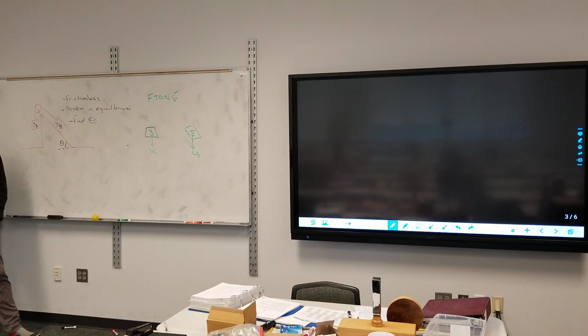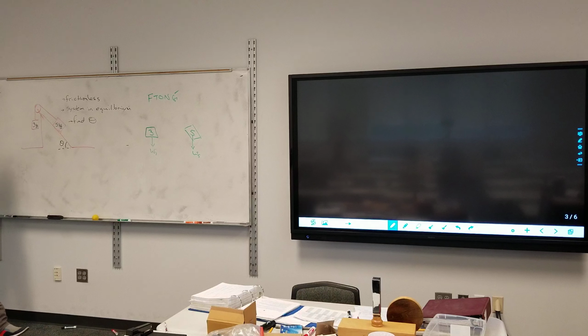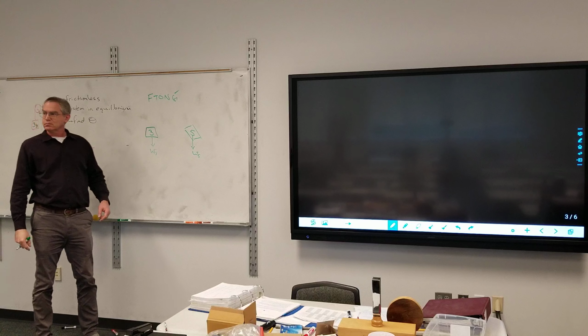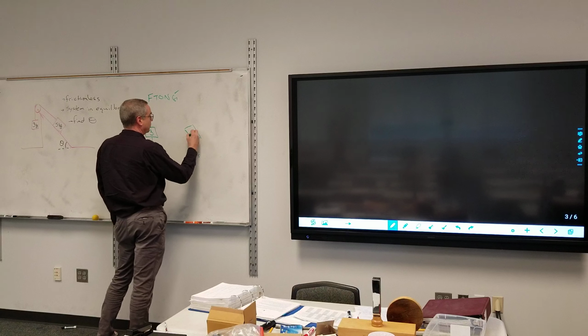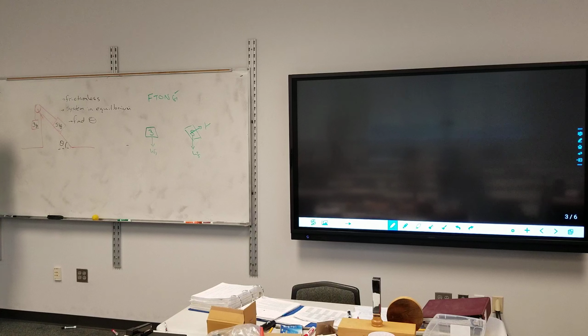The normal force, acting on what, which way? On the 5 kilogram block, perpendicular to the surface of the wedge. So that way or that way? That way. All right, so we got normal force going this way.